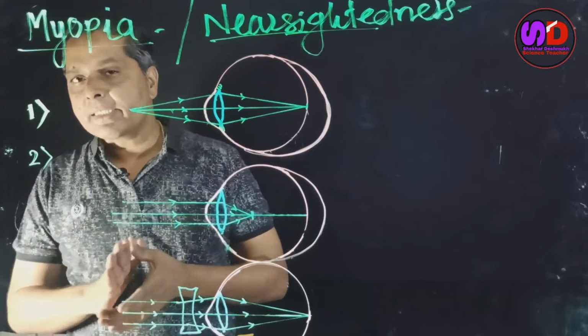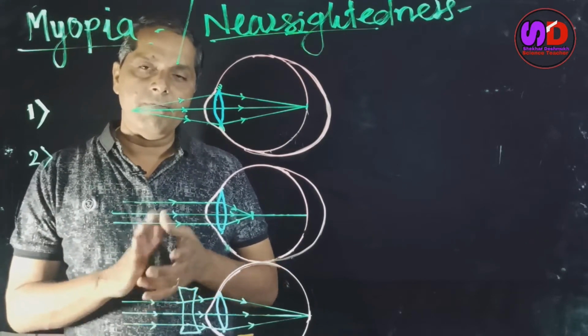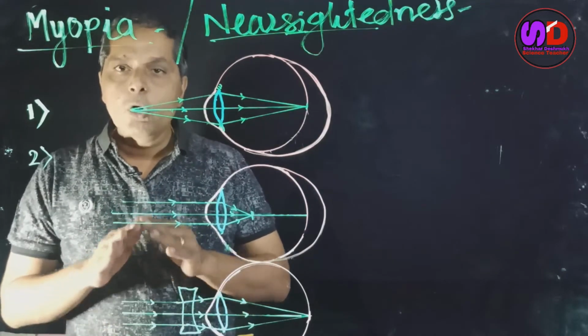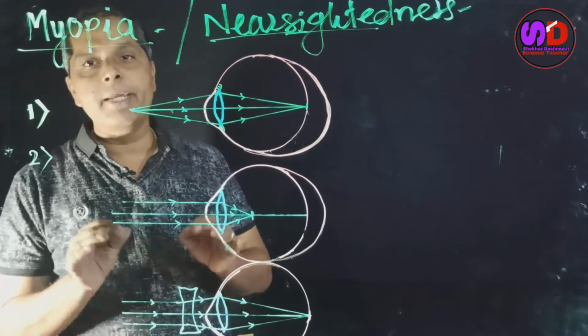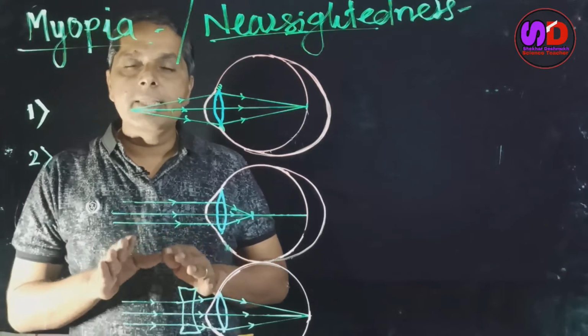And how is this defect corrected? Definitely by using a concave lens of appropriate power, we can cure this defect.